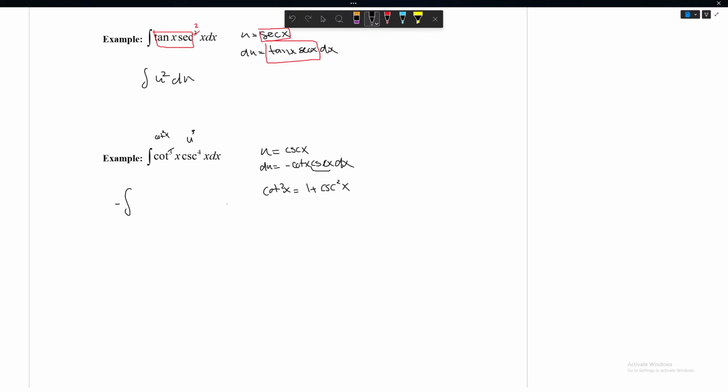My cotangent squared is 1 plus cosecant squared x. Cosecant u du. This would be u cubed. 1 plus, this is u, just replace it. Right? So u squared, u to the 3 du. And then from here you can integrate and solve the rest. Hope this helped. GG's.